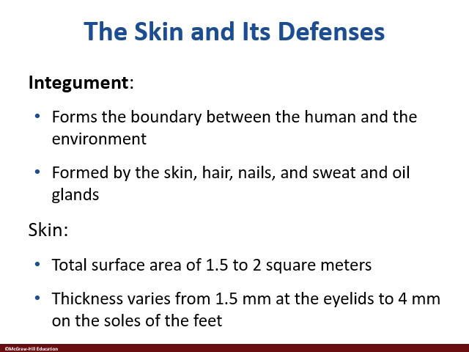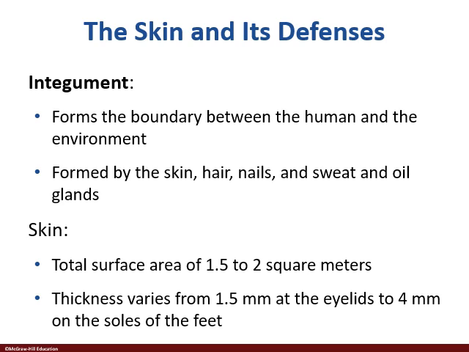Now, when you're looking at our skin, you have to keep in mind that this is our first line of defense. Okay, the integument is a boundary. You look at it, there are no breaks, no openings in our skin.